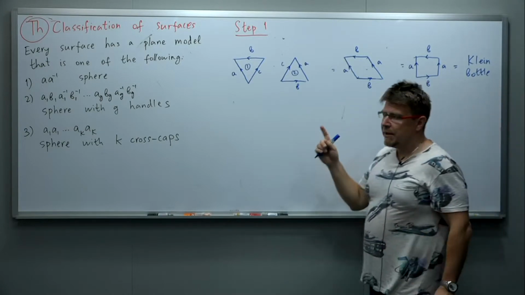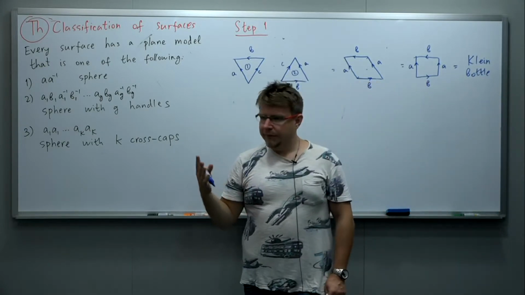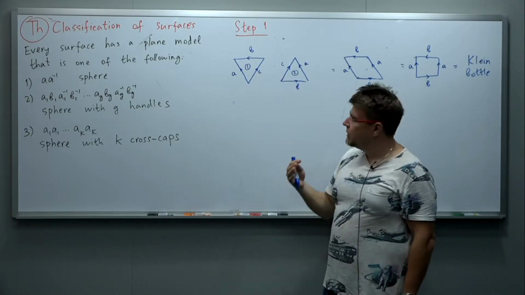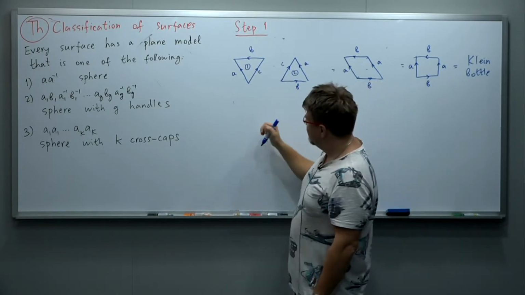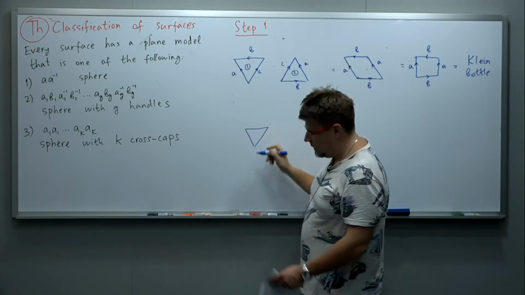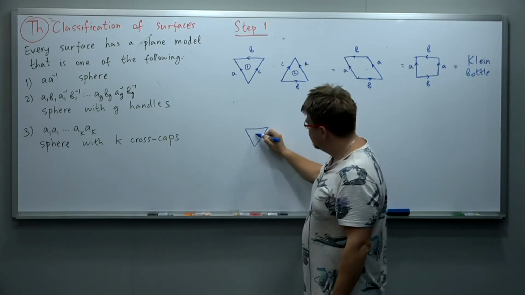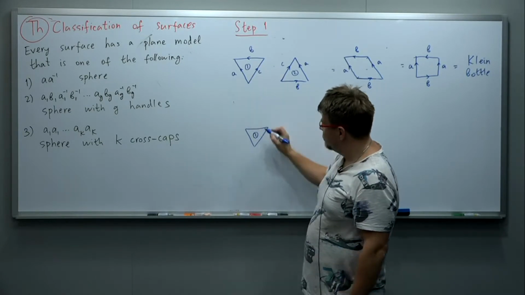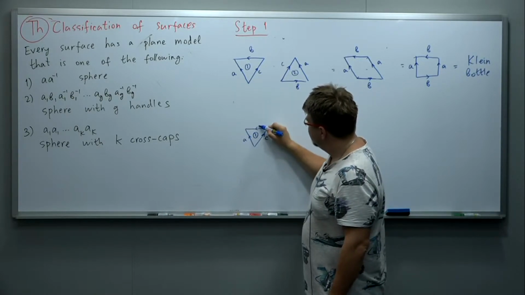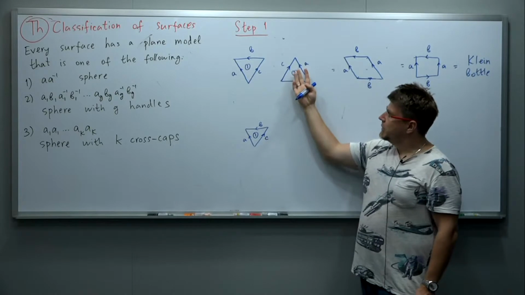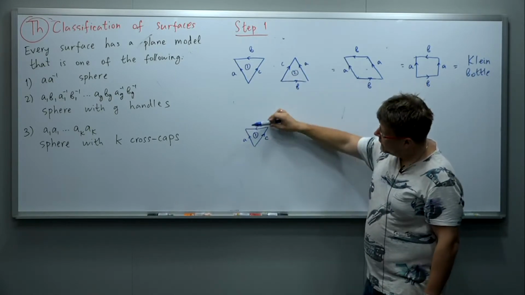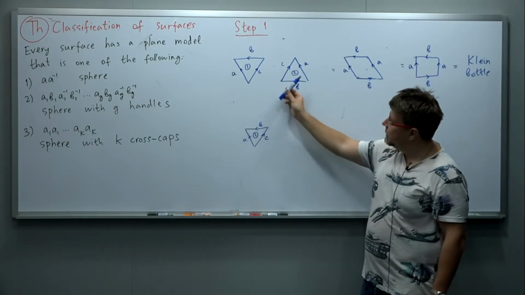Well, this is not the only way to glue these triangles together. For example, the alternative way to do it, let me do it like this. I'm going to put triangle number 1 in the bottom. So this is going to be triangle number 1. I'm going to just copy it. This is C, this is A, and this is B. And then I'm going to glue it to triangle number 2 along B. But notice that here B points to the left, and here B points to the left.